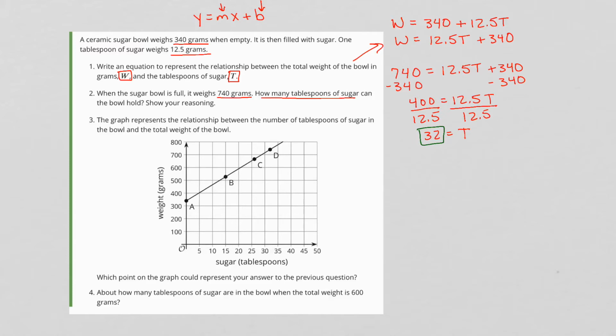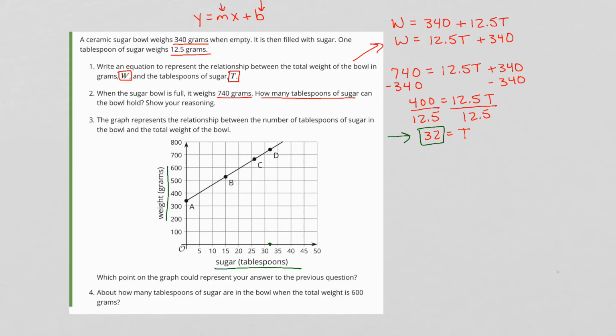And the third question, we're given a graph that represents the relationship between the number of tablespoons of sugar in the bowl and the total weight of the bowl. So first it asks us which point on the graph could represent your answer to the previous question. They're talking about this answer here. So 32 tablespoons. Let's look down here on the x-axis because that's where our tablespoons are. If we find 32, it's going to be right about here maybe.